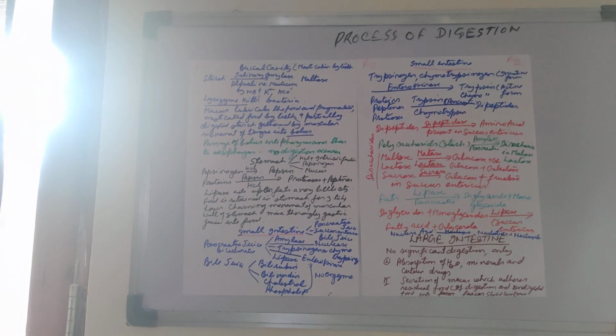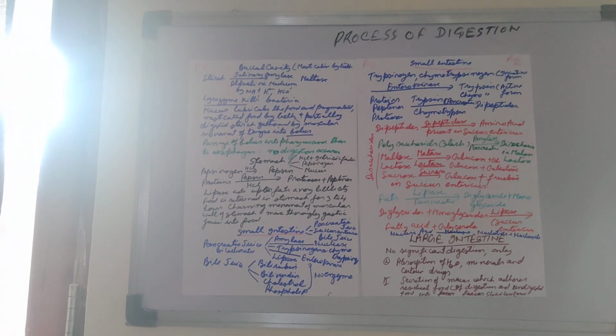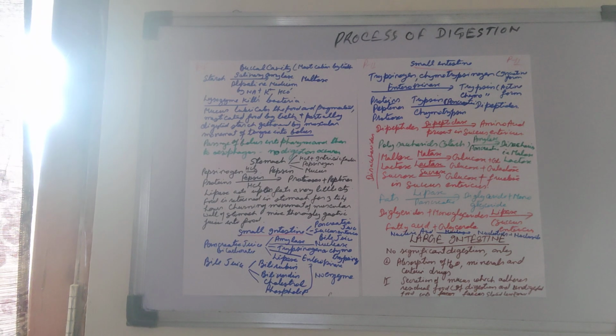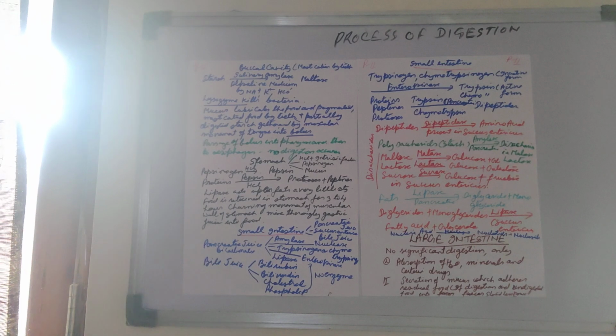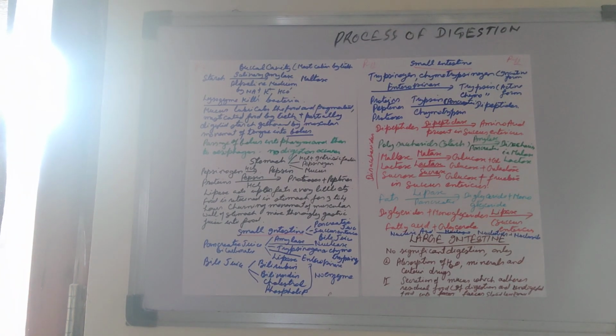Enterokinase converts trypsinogen into trypsin, and trypsin further activates the other enzyme. Trypsin and chymotrypsin act upon the protein part of the food, partially digested as well as undigested, that is proteoses, peptones and proteins, and convert them into dipeptides. Then pancreatic lipase acts upon the fats and converts them into diglycerides and monoglycerides.